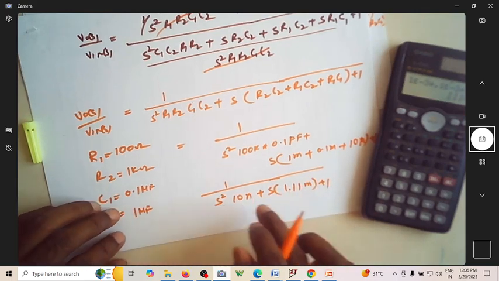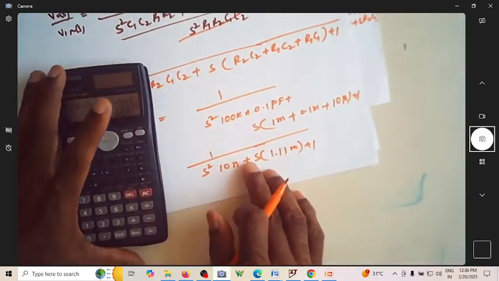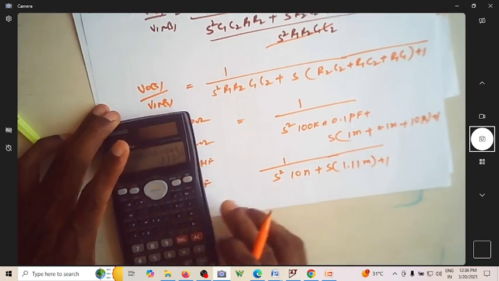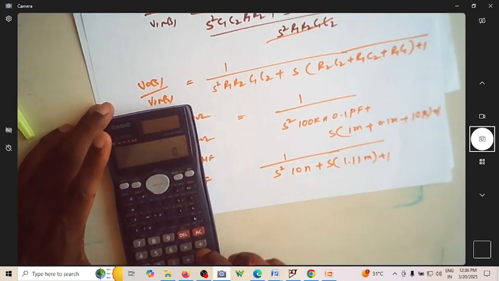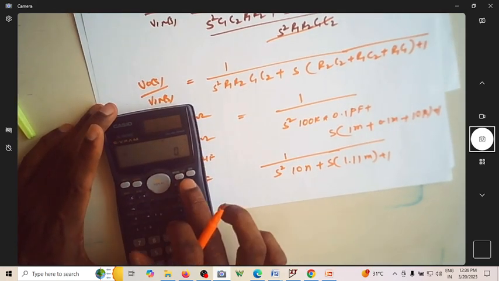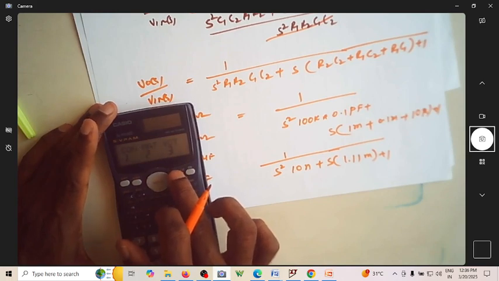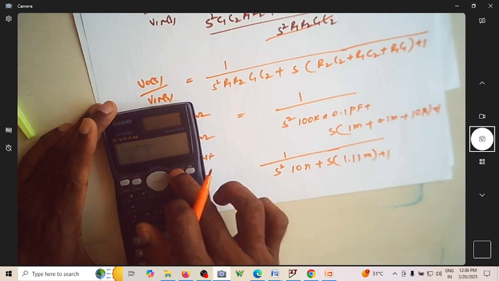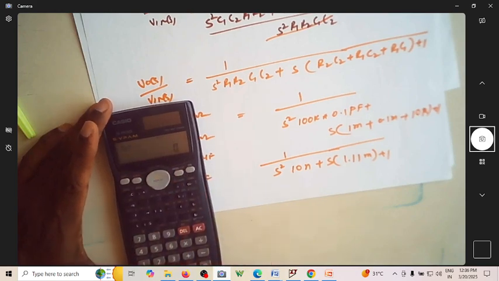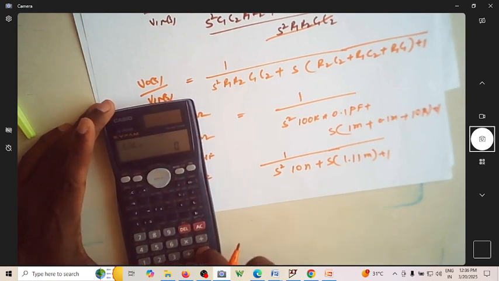So let us find the roots of this. Let me find this equation. Its degree is 2. The coefficients are 10 to the minus 9, then 1.11 times 10 to the minus 3, and next 1.